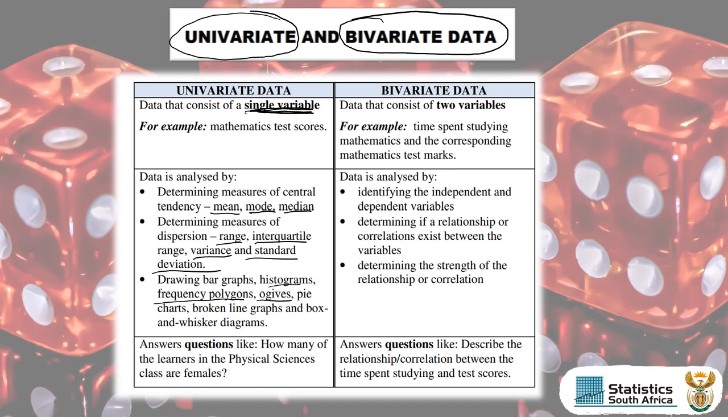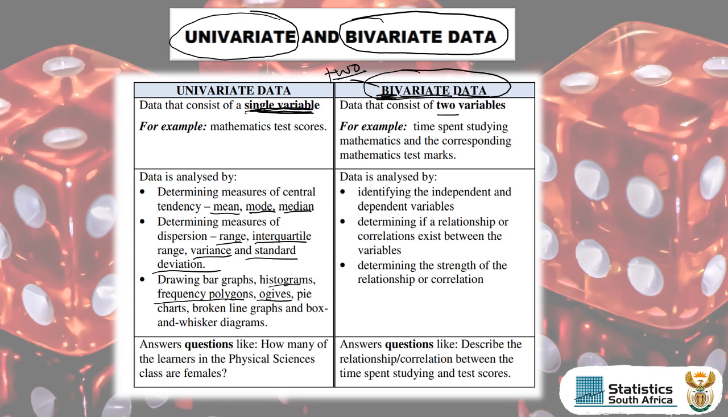Now, when you reach grade 12, they introduce you to a new kind of data, sort of like an advanced set of data, not really different to univariate. So the word bi means two, right? So it's two variable data. You understand? So then they call it bivariate data.